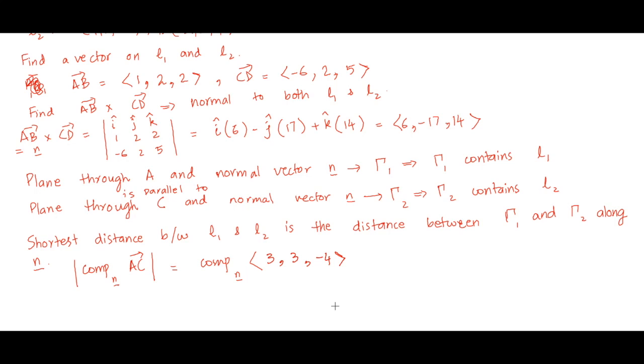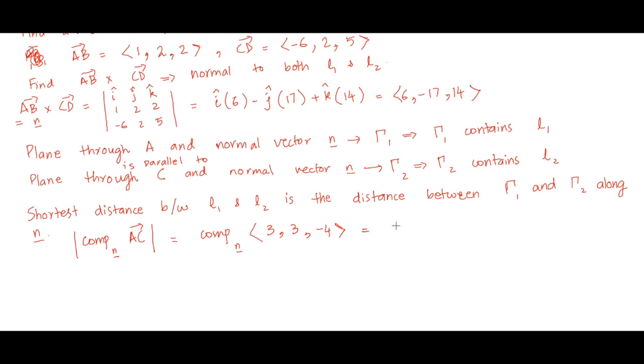Now, what is our n? n is this one, which is (6, -17, 14), dot product with (3, 3, -4), divided by the magnitude of n, which is the square root of 6 squared plus 17 squared plus 14 squared.